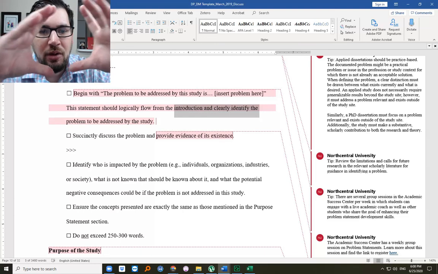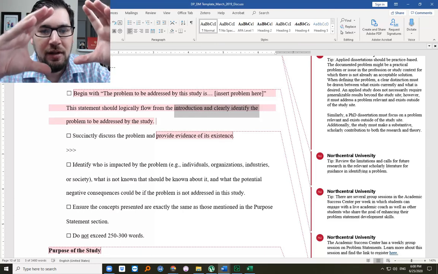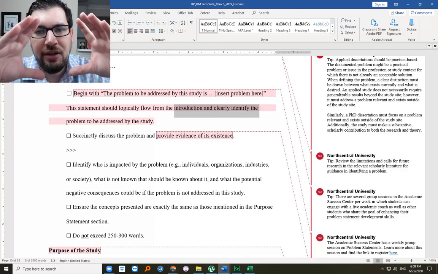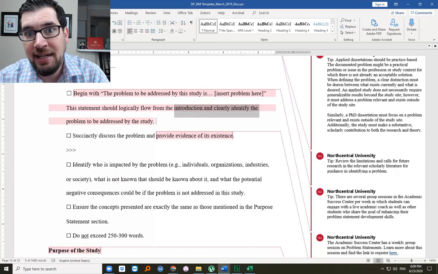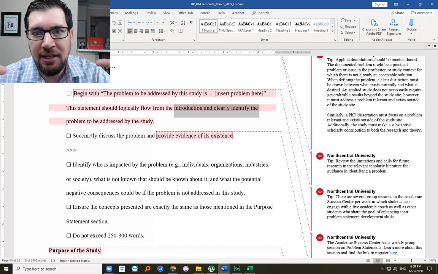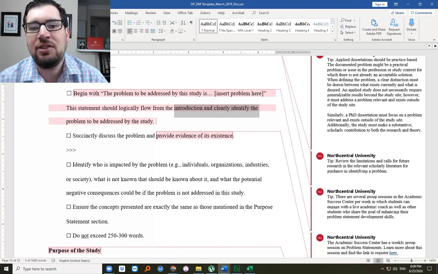You want to keep the proper amount of focus, where you have 15 or more current, peer-reviewed articles supporting the problem you're deciding upon, but you don't want a crazy amount of problems. You also want it to be useful. If it's been studied, it's probably not useful. Replication studies are generally a no-go. We don't typically allow them, and we want you to do unique, new research.